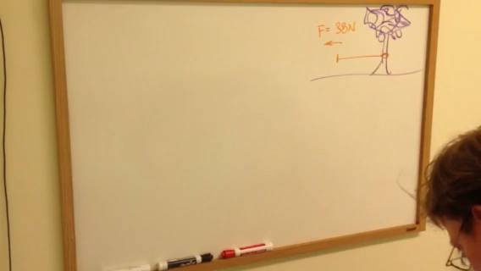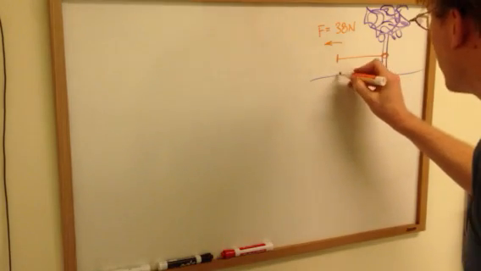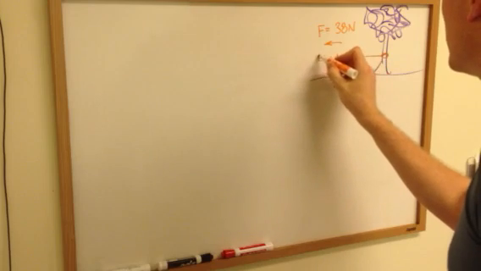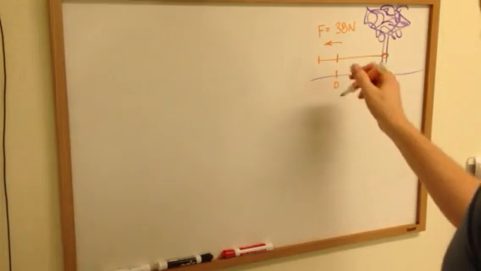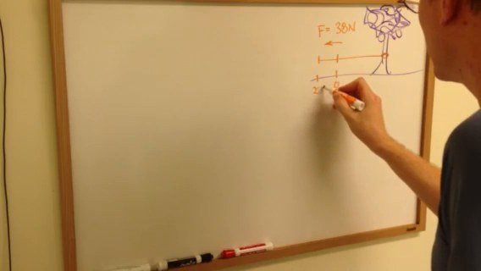And when you did this, what distance will the bungee cord stretch? So there's the 0 point. How much does it stretch out because of this force? So this is the question. How much does it stretch?